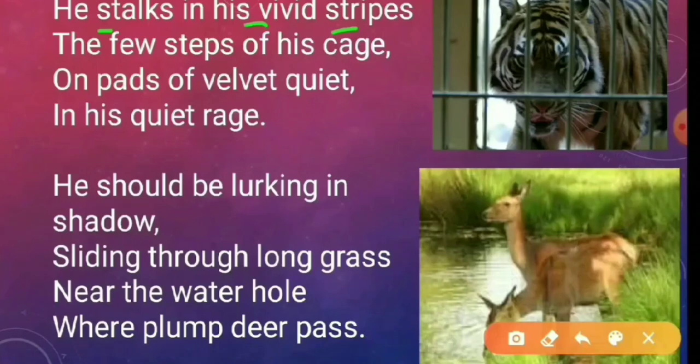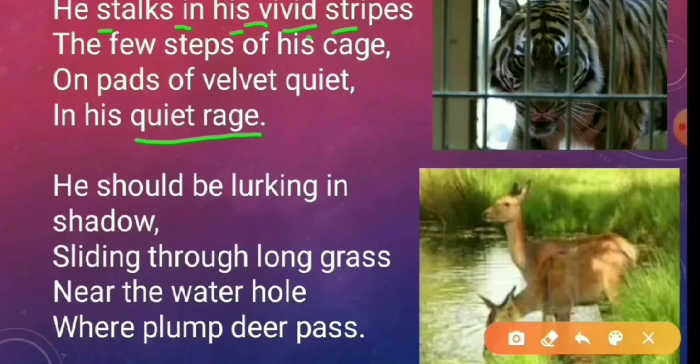Next is assonance. Assonance is the effect of any vowel. You can see the effect of I in his vivid. This is known as assonance. Next poetic device is oxymoron. Oxymoron is the use of an adjective that is opposite in meaning. And you can see in the quiet rage.